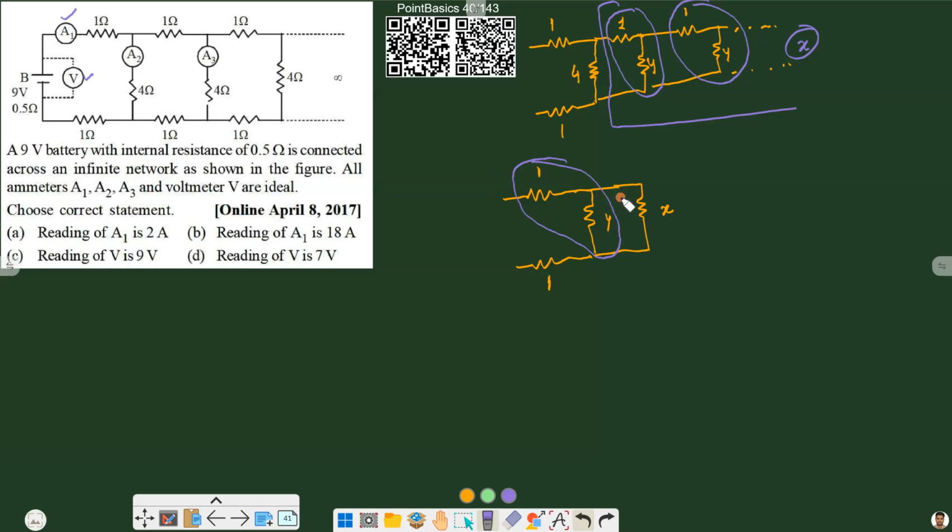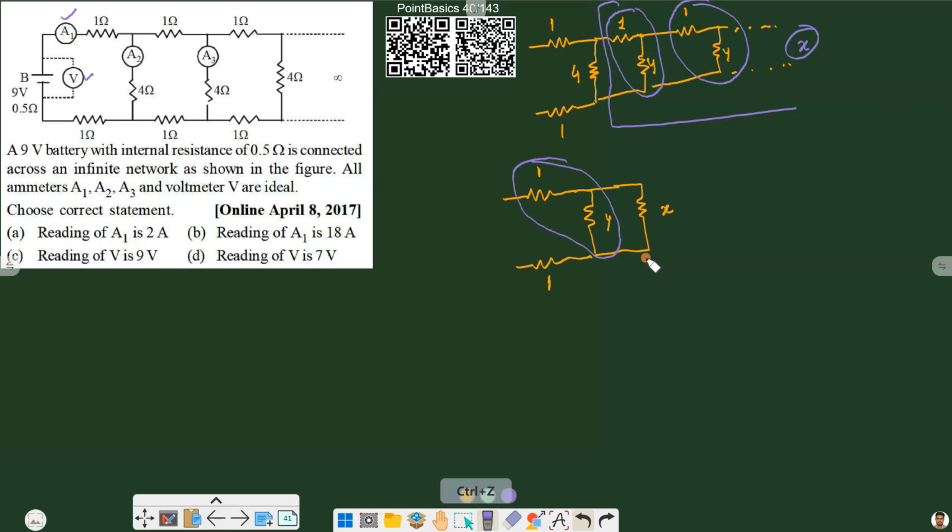So as this is infinite, repeating infinite times, their parallel combination with this 4, let me say it again in a proper language. I think I was not able to make it more clear.